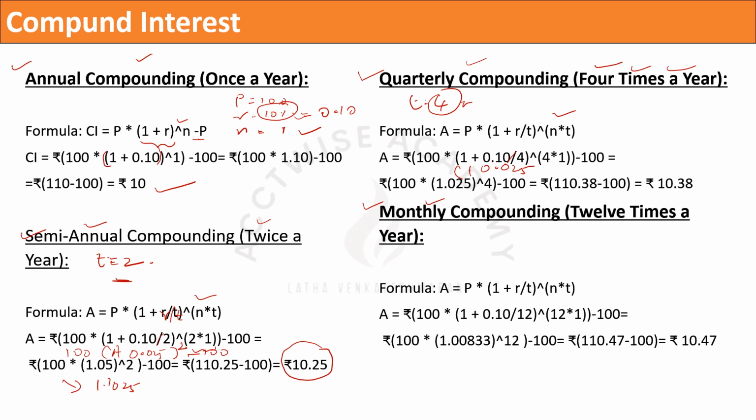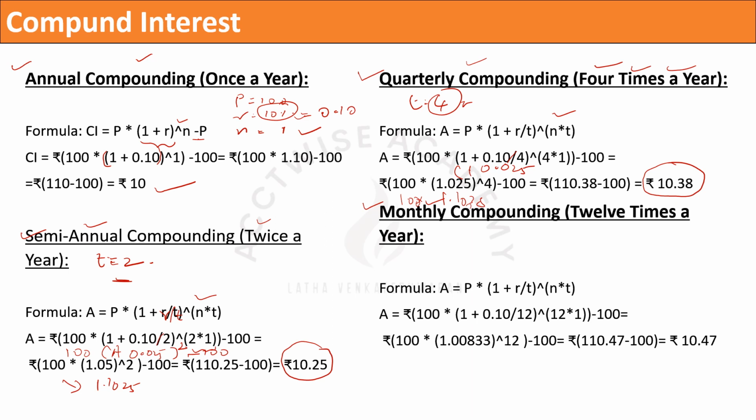What is 1.025 to the power of 4? It is 1.1038. 100 into 1.1038 is 110.38 minus 100. So our interest now is rupees 10.38.